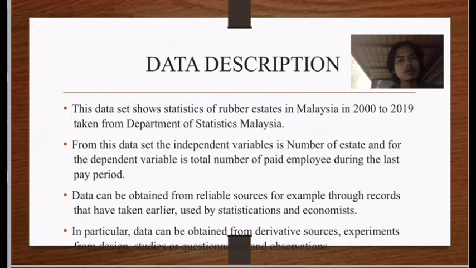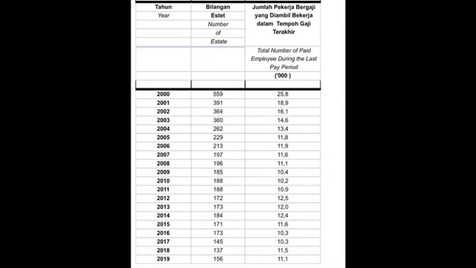Data can be obtained from reliable sources, for example through records that have been taken earlier, used by statisticians and economists. In particular, data can be obtained from secondary sources, experimental design, studies, questionnaires and observation.